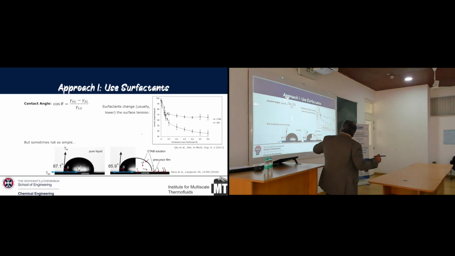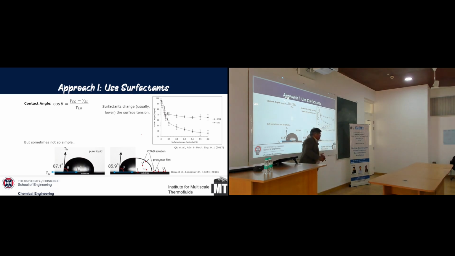Okay, and they also have their own adsorption phenomena on the surface. So the physics might be different. Plus, they also alter the way the precursor film behaves. So it's not very straightforward. In bulk property terms, yes, it lowers the surface tension, but in terms of contact line physics, it's quite complex. Okay? We can't just rely on this figure to say that this is how it's going to behave. That's the crux of the surfactants.